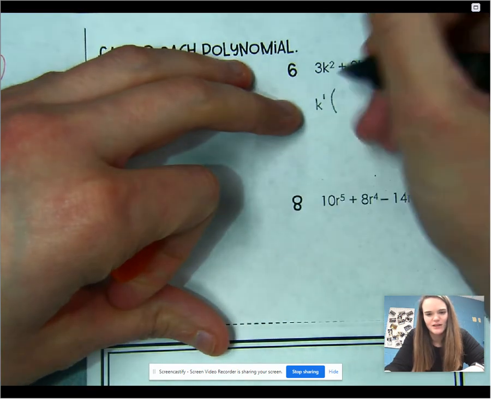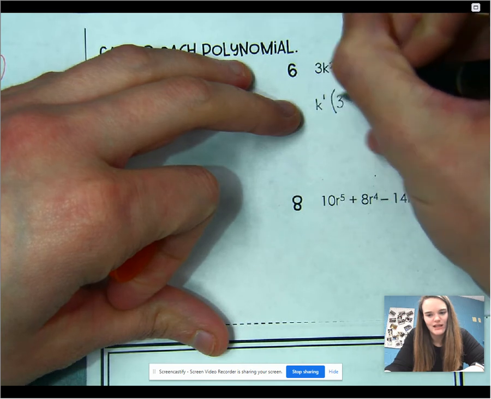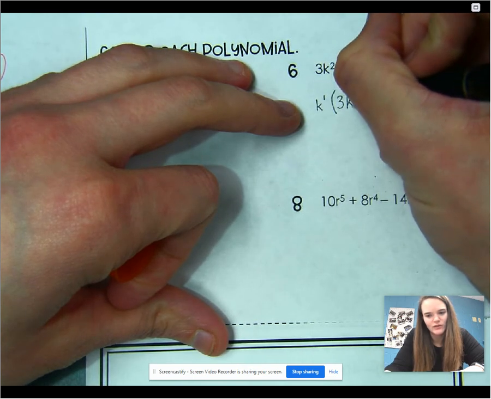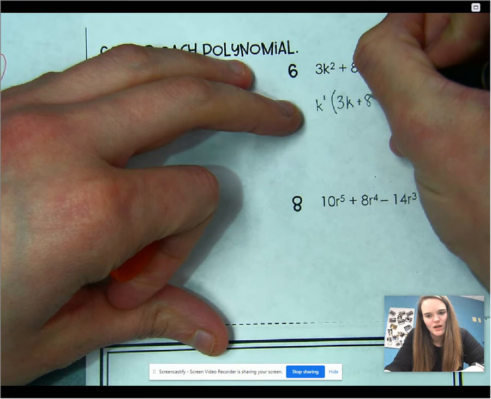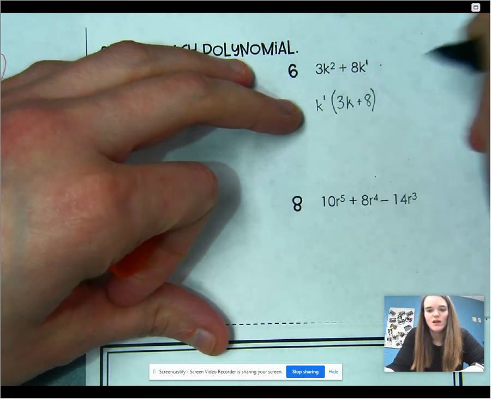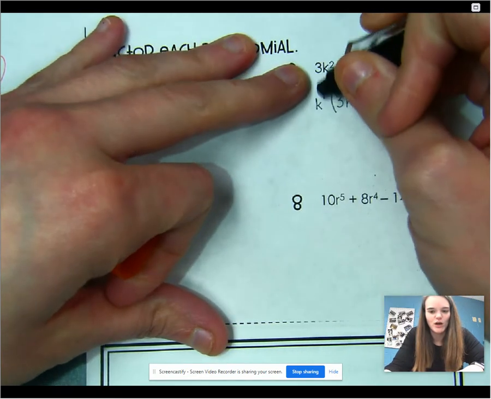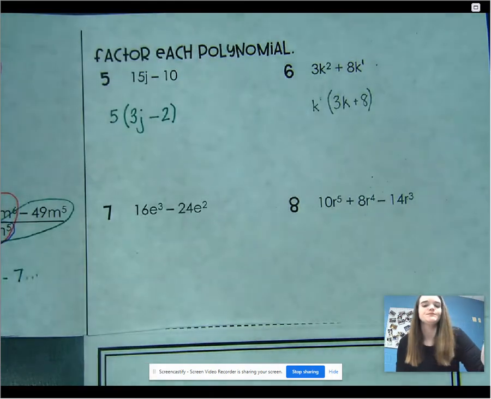Then we're going to divide. We still have a 3. We had 2 k's, but we're taking one out, so we only have one left, plus 8. We had 1k, we took one out, we don't have any left. So if I distributed this in, I would get the same thing. I do not need that 1 there anymore.